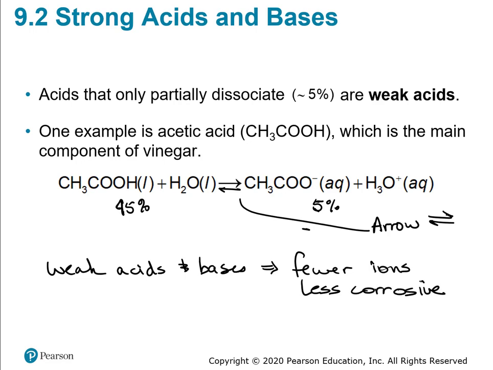So they're less corrosive, less reactive with body tissues. So a lot of the things that you eat, like tomatoes, coffee, soda, like carbonic acid is in soda, it's a weak acid. So it doesn't make as many ions, it's less corrosive, less damaging to body tissues.